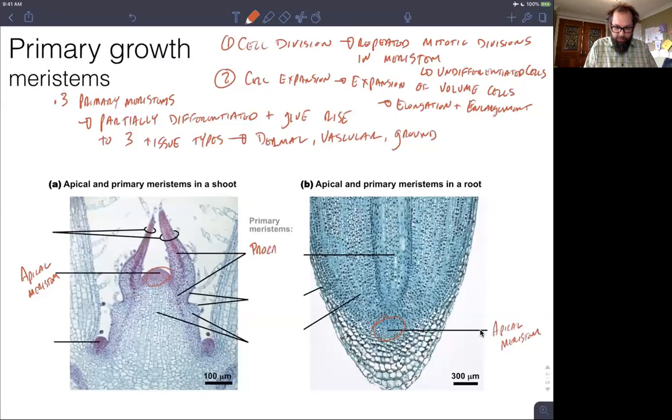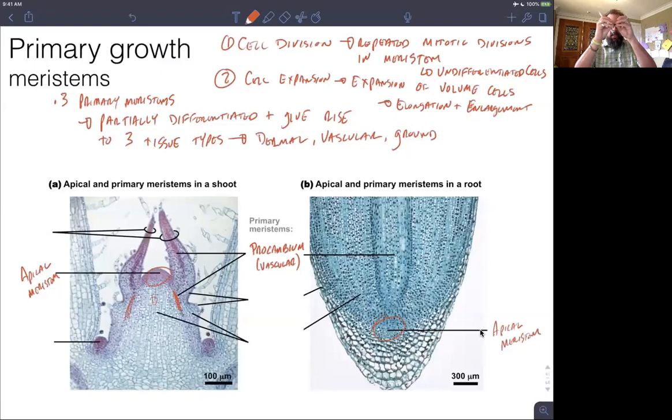So the first of those is the procambium. And the procambium is responsible for giving rise to, is the primary meristem for the vascular tissue. And so as such, the procambium is a group of cells that is just behind the apical meristem. And when I say behind, I mean below that apical meristem.